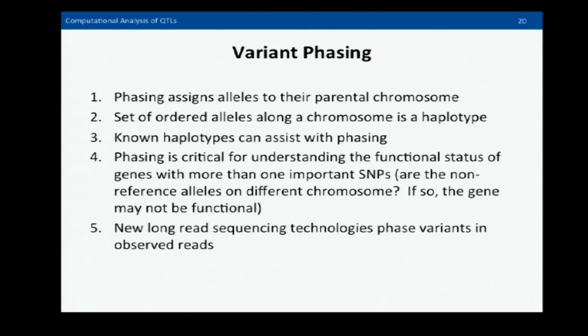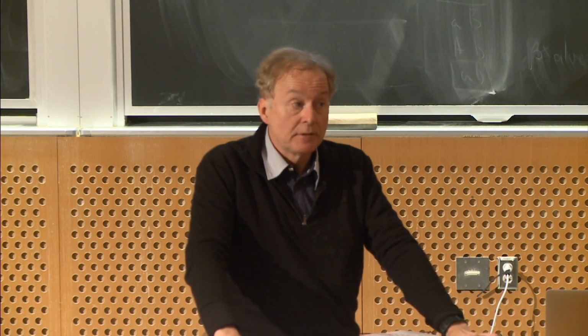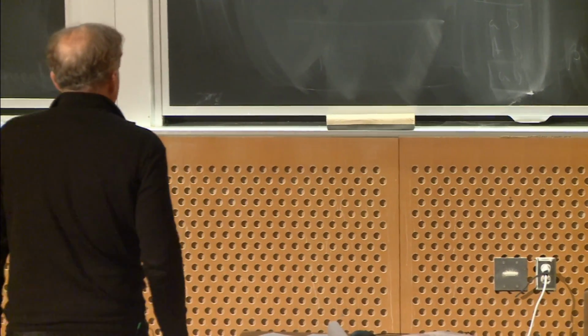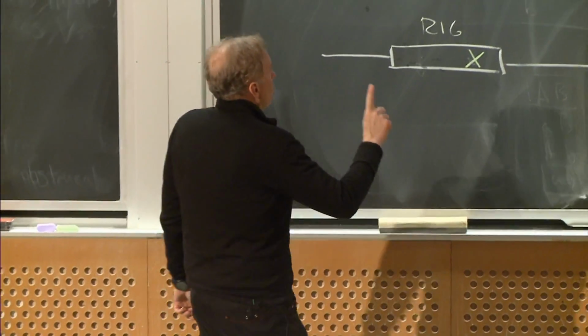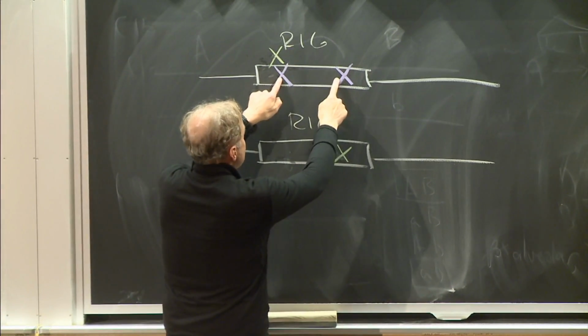So imagine one way to phase is that if I tell you by magic, in this population you're looking at, here are all the haplotypes, and these are the only ones that exist, you look in your haplotypes and you go, aha, this haplotype exists, but this one does not.